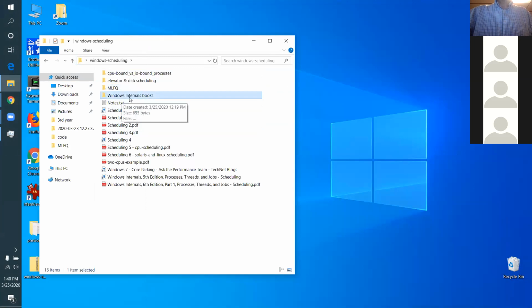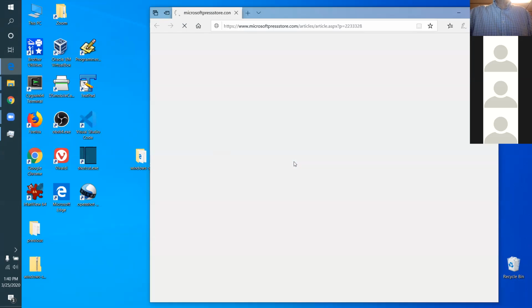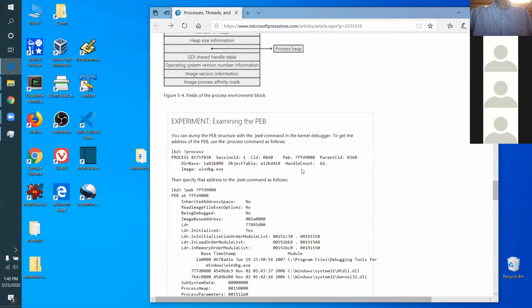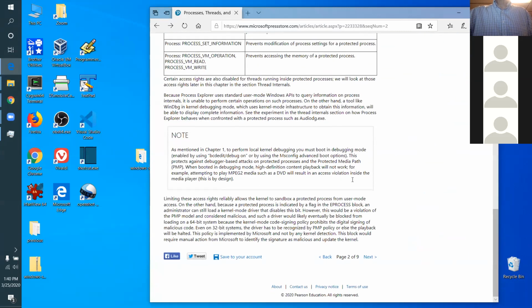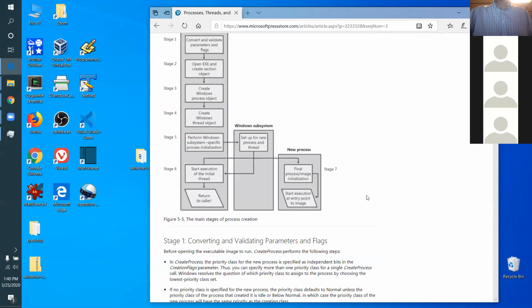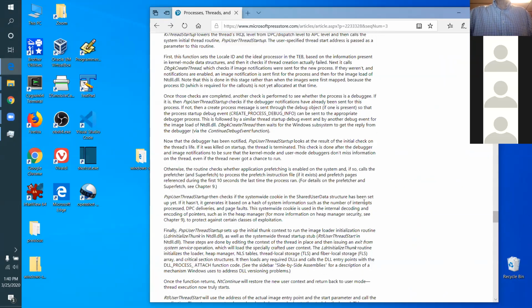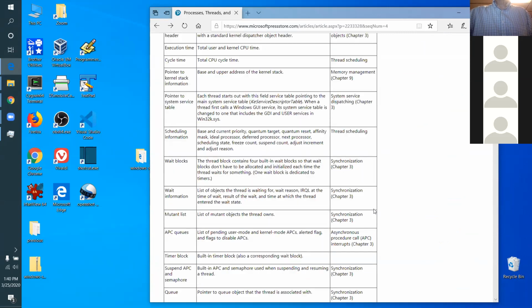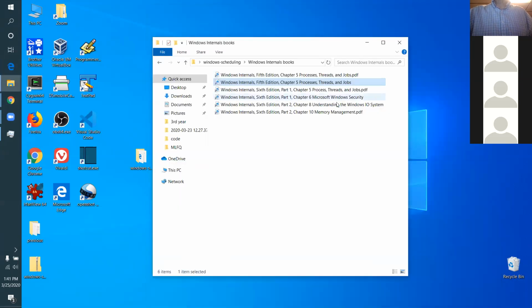They're called the Windows Internals books. Here's links to them. That picture should be in this. I thought it came out of here. Did I pass it already? I thought that picture came out of this chapter here.